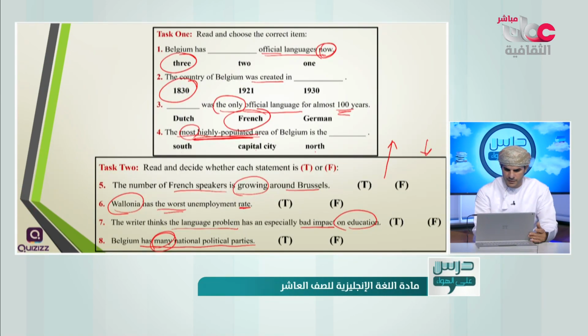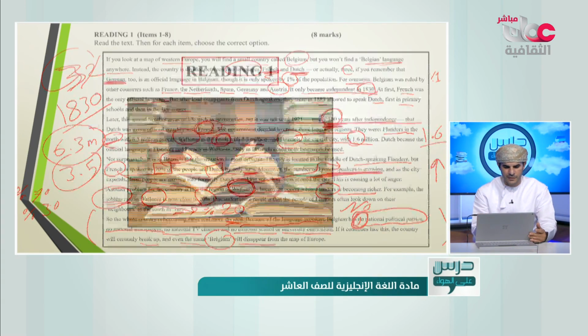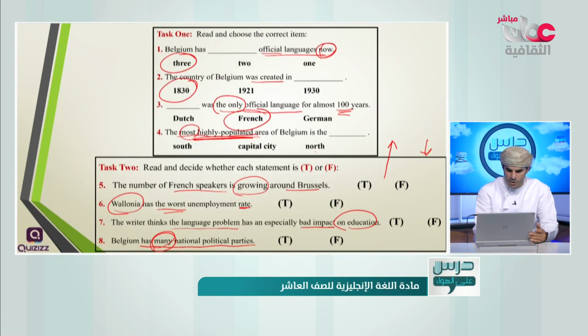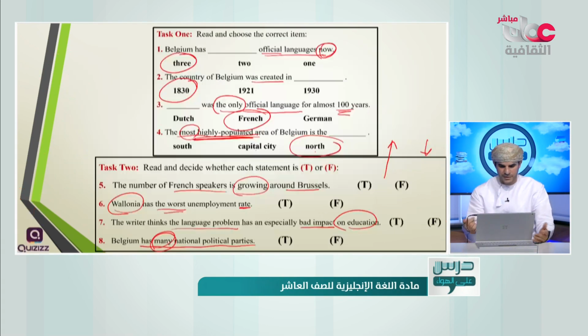So 6.3, Flanders, in the north. The number of French speakers growing around Brussels. Go back here. Look here. Which one is growing? French speakers is growing. So it's correct.